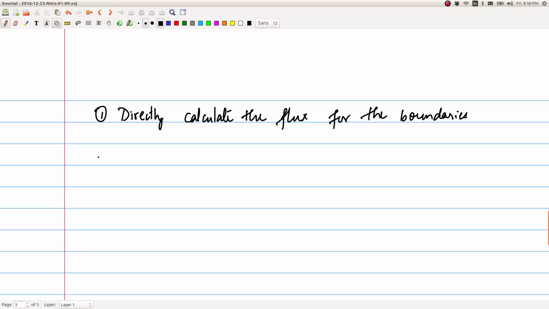And the second method is to set up ghost cells such that the boundary conditions are satisfied.